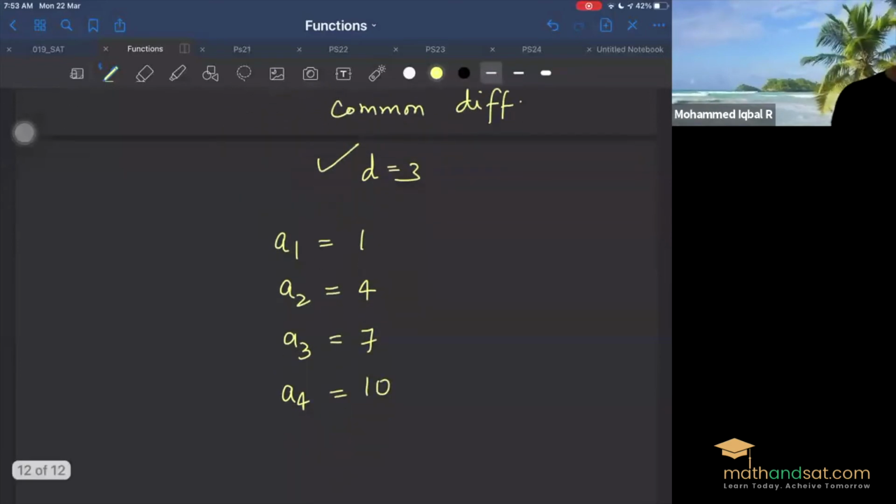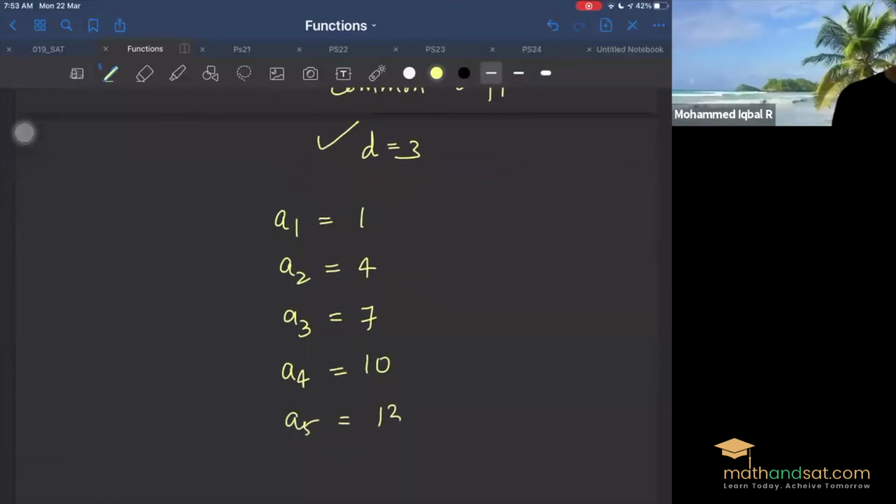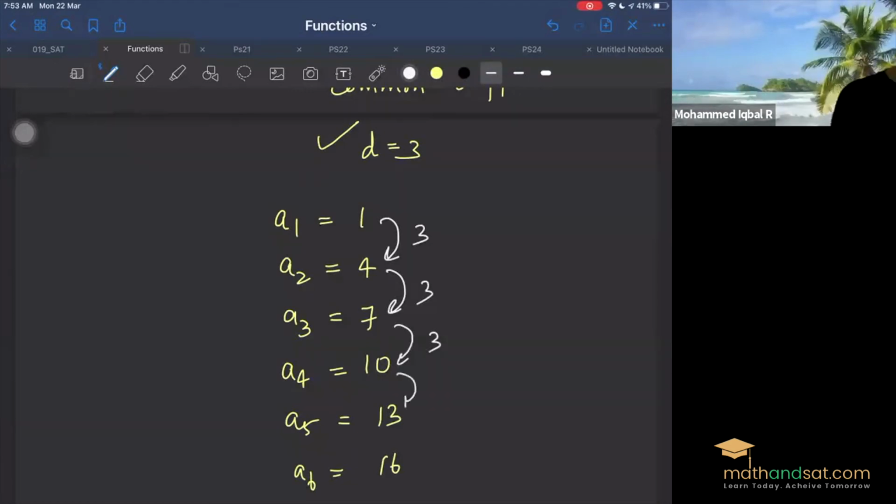Now we have differences of 3, 3, 3, 3, 3.